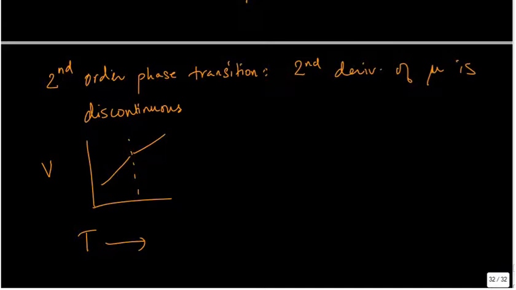No, the first derivative of chemical potential is volume. Volume is continuous. The chemical potential would definitely change very smoothly. It will be a smooth curve.